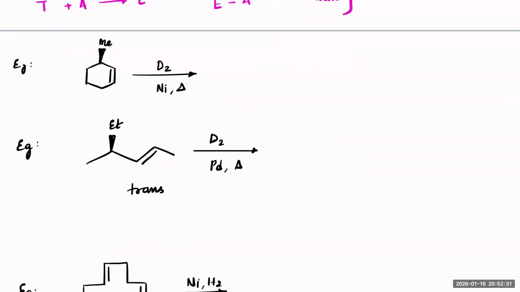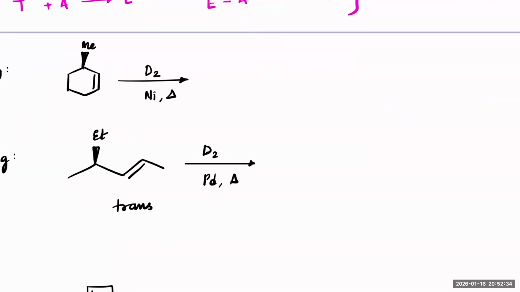Let us put this into perspective here. Suppose in this case I have a methyl here. You don't have to disturb that. But you know that on a double bond, you will already have two hydrogens here like this, which is a cis form.